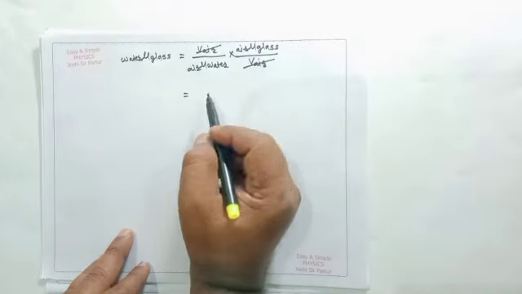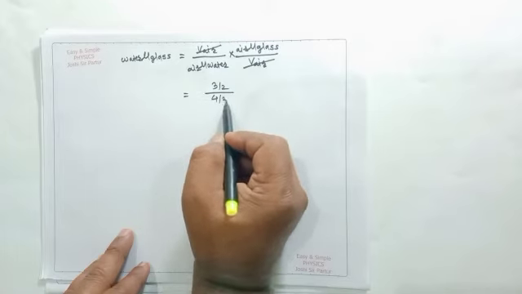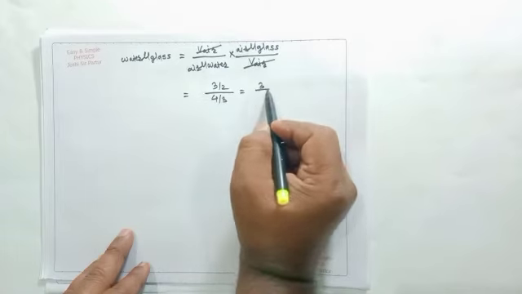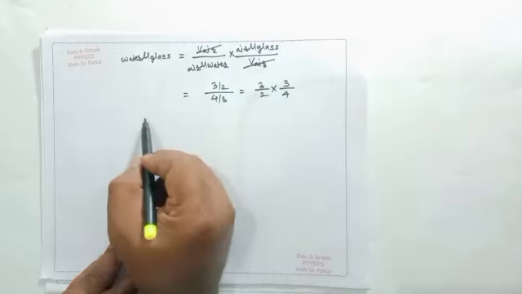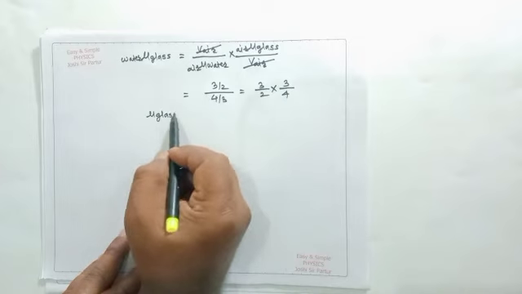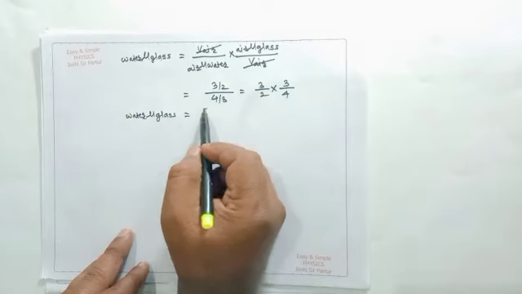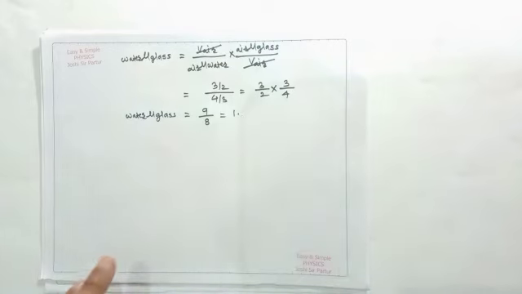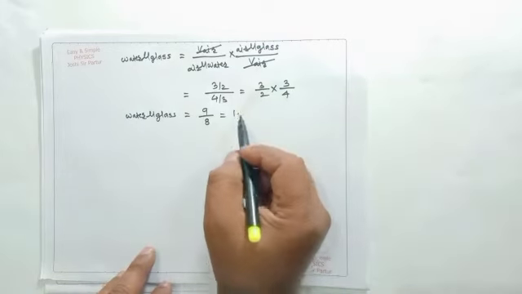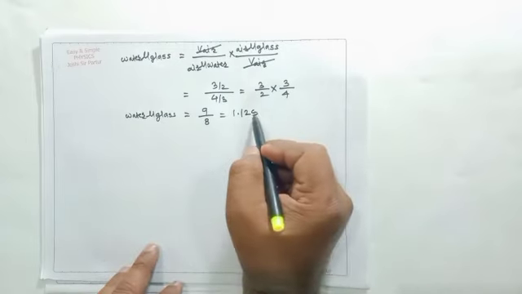So by substituting the values, 3 upon 2 divided by 4 upon 3, which is 3 upon 2 multiplied by 3 upon 4. So the refractive index for glass with respect to water is given as 9 upon 8, that is 1.125.